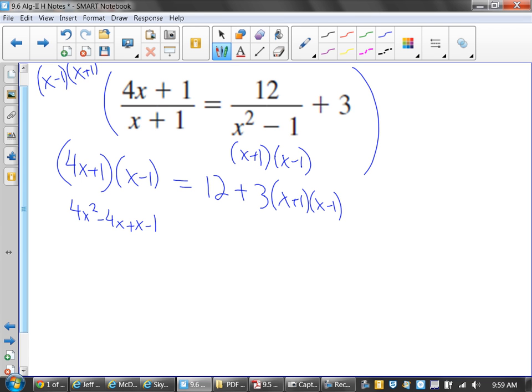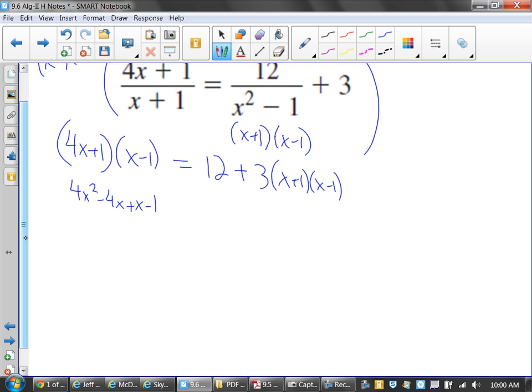So that winds up with 4x squared minus 3x minus 1 equals 12 plus, what was x minus 1, x plus 1 if you FOIL that out? It was x squared minus 1, right? So can I just write this as 3x squared minus 3? I already know what it is multiplied out, because I factored it earlier. X plus 1, x minus 1 is x squared minus 1.